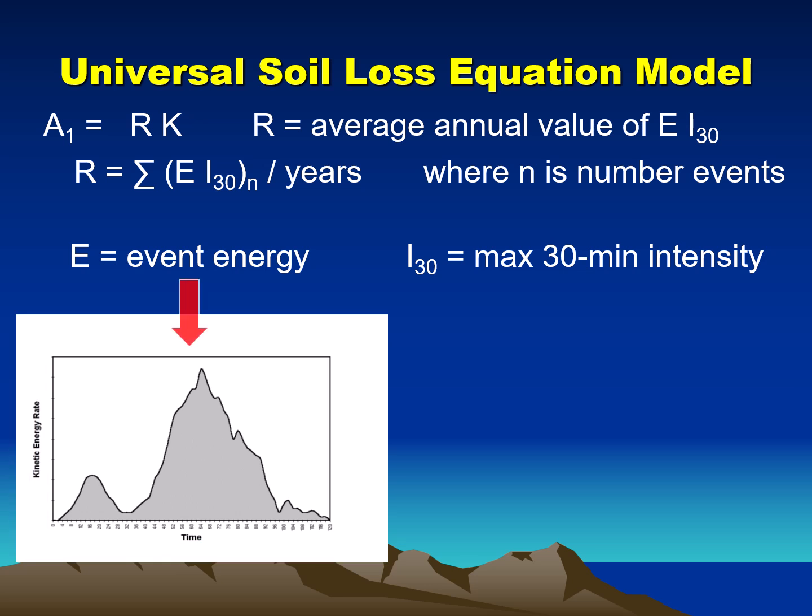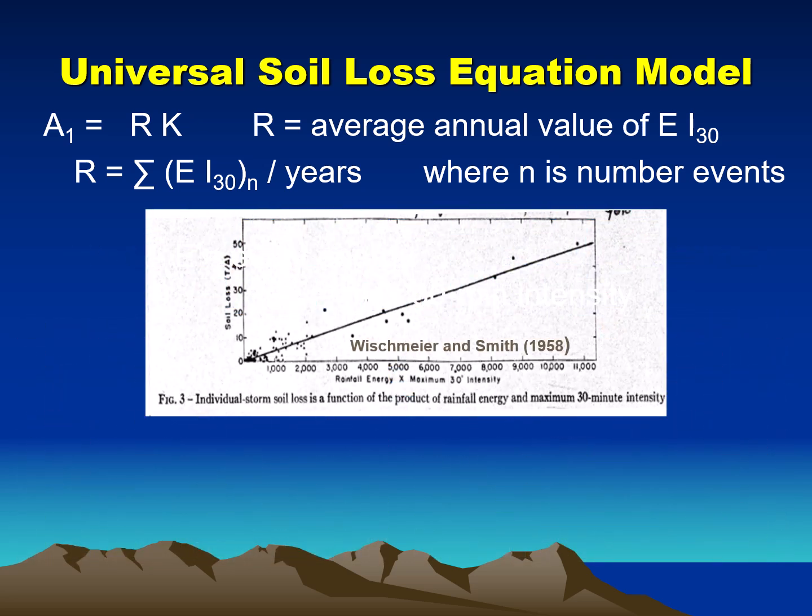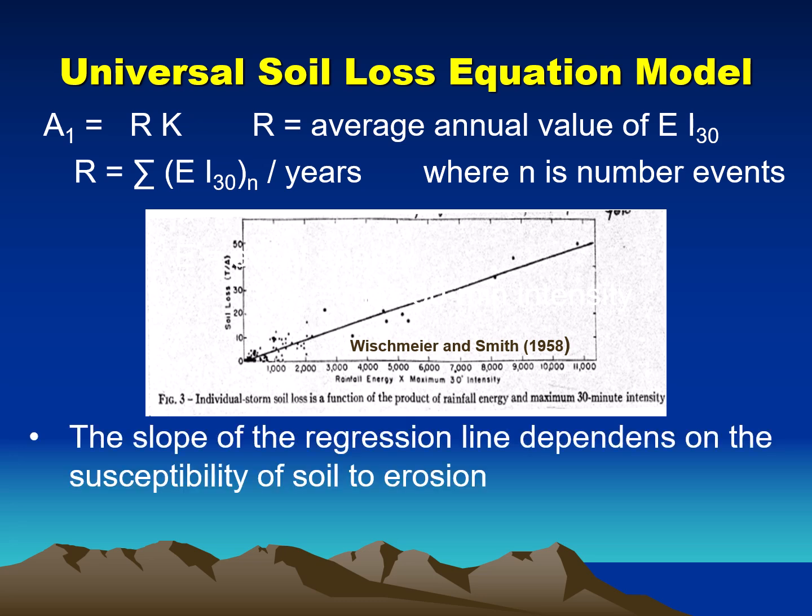The R factor is given by the long-term average annual value of the EI30 index, where E is the event energy and I30 is the maximum 30-minute intensity. That relationship came from work done by Wischmeier and Smith in 1958, and the slope of the regression line in this case depends on the susceptibility of the soil to erosion.